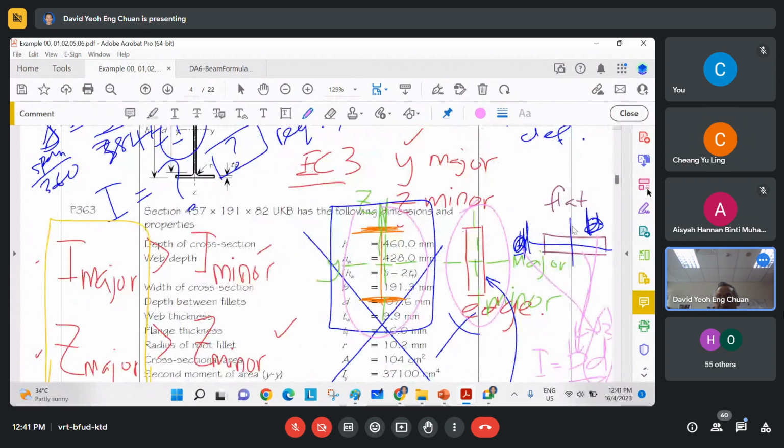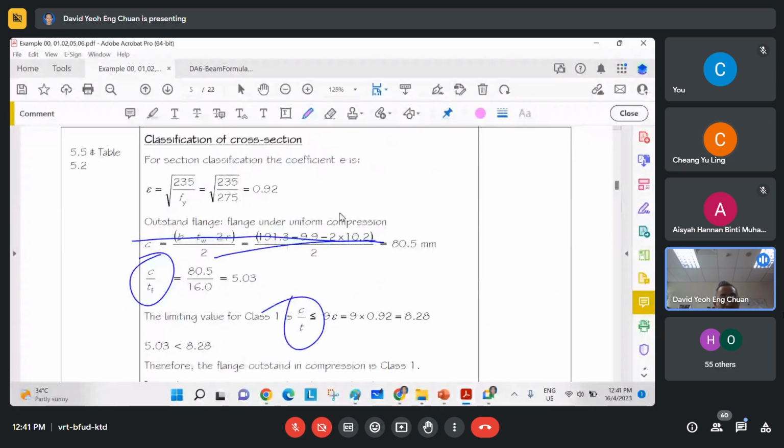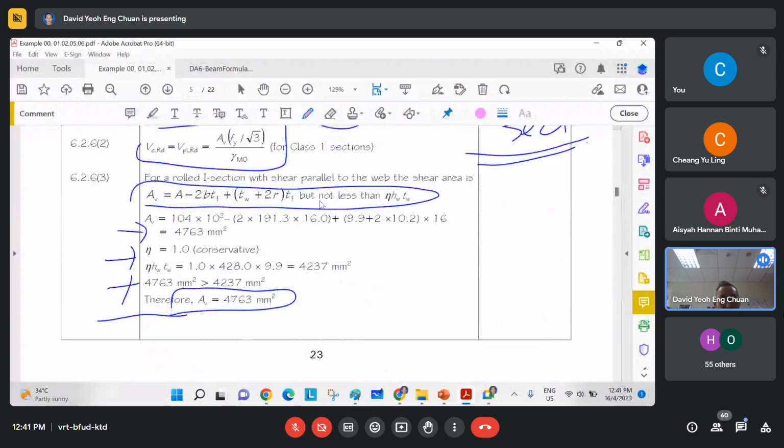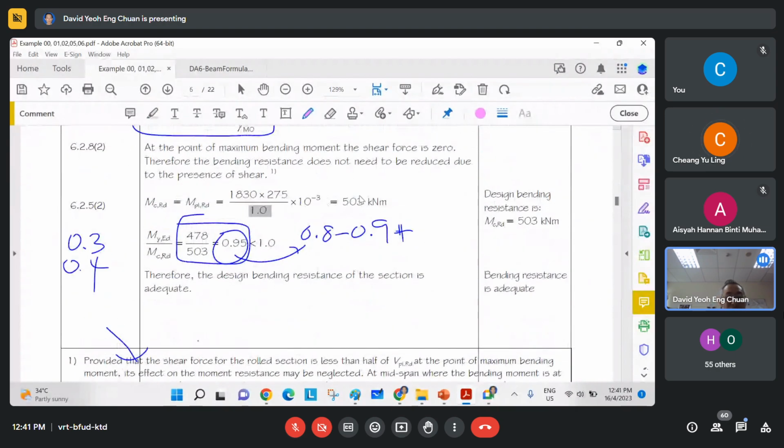Then the result is that when you check the moment, you get a ratio like this. If you want to get bigger, it's fine, there's no harm. You're probably going to get a ratio of about 0.7, because a bigger section gives you a larger capacity.